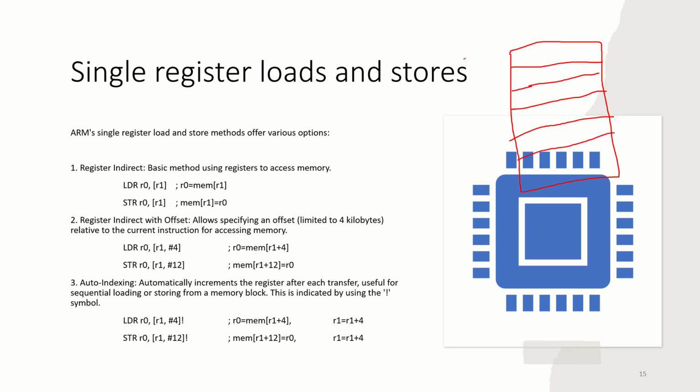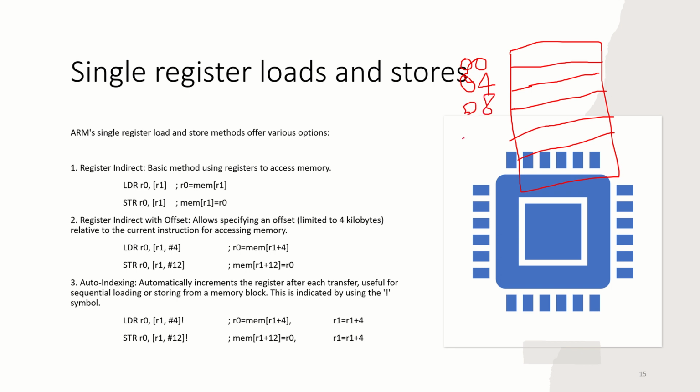Okay, so the first address, suppose it is 00. The next address will be 04. How will you get the next address? By adding 4. Then the next address will be 08.